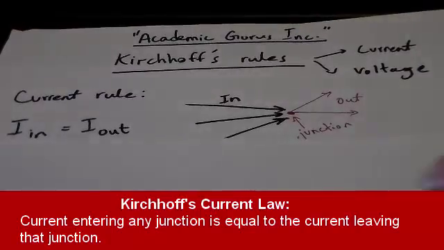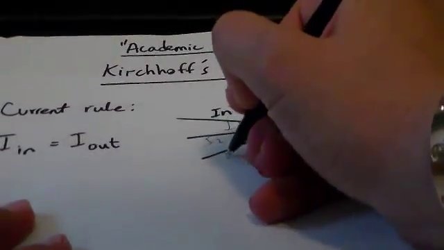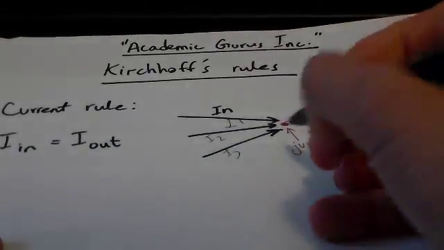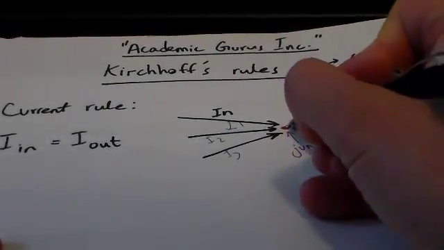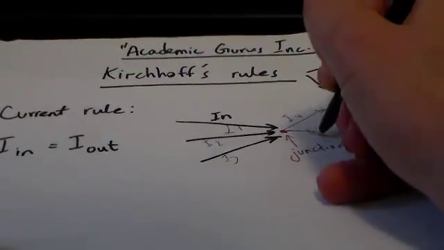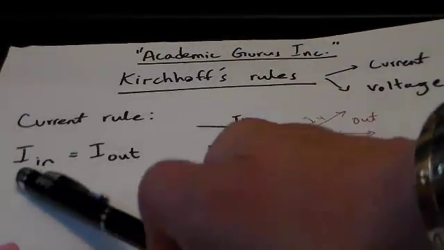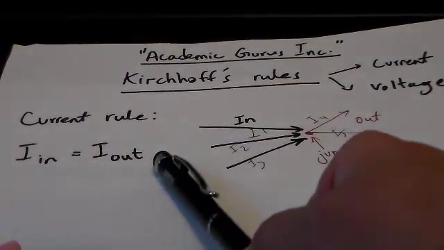Let's just denote I1, I2, I3, and they all get into this point somewhere in the circuit, and what comes out is I4 and I5. What this says is that the current that gets into the junction is equal to the current that comes out.